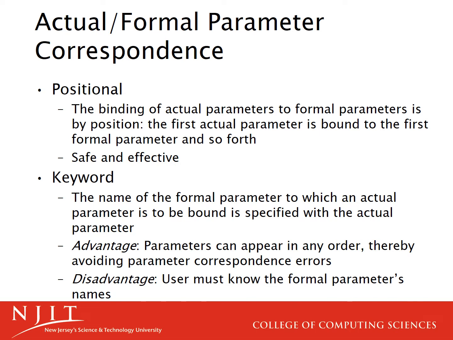Some languages support something called keyword parameters, where instead of knowing the argument by its position and type, there's a keyword. So, you might have a function that takes 2 parameters, x and y, and if you want to pass x and y in, you call the function by saying, function x is this value and y is that value.